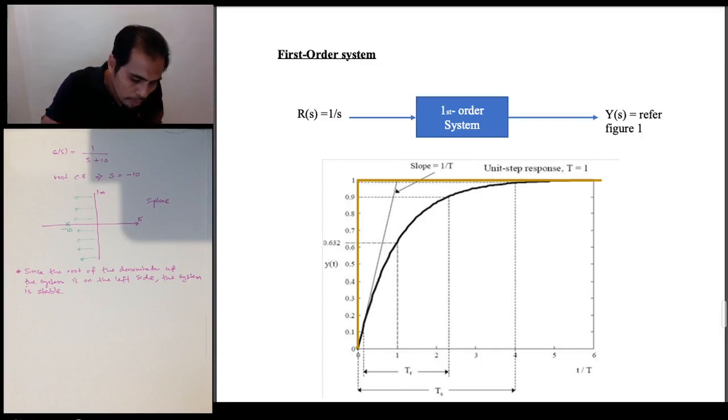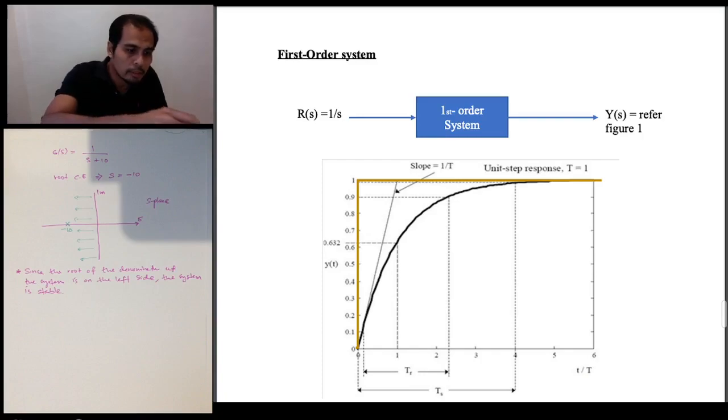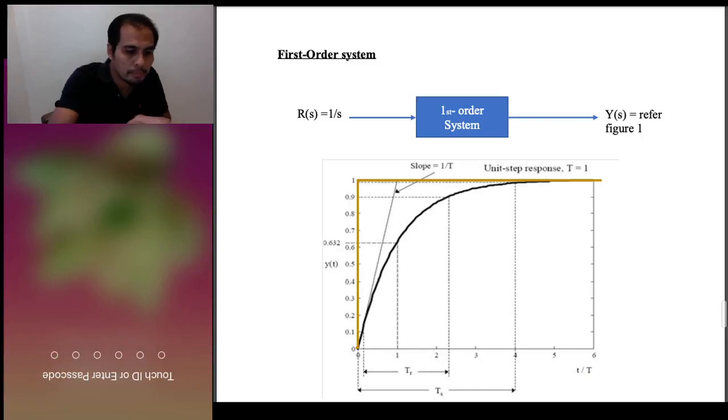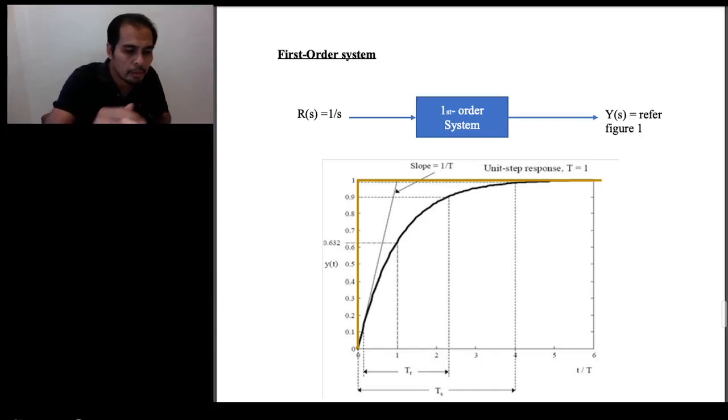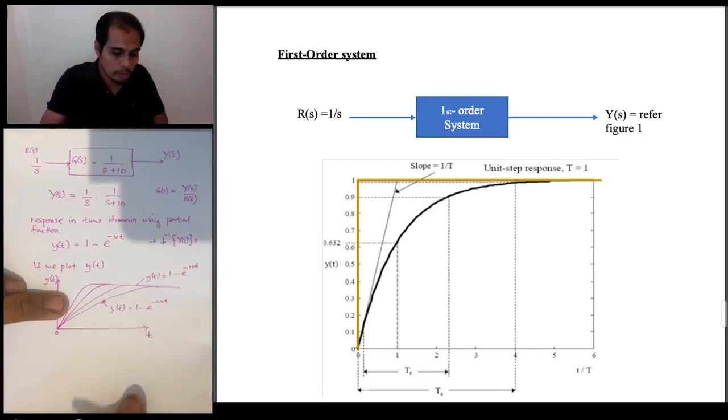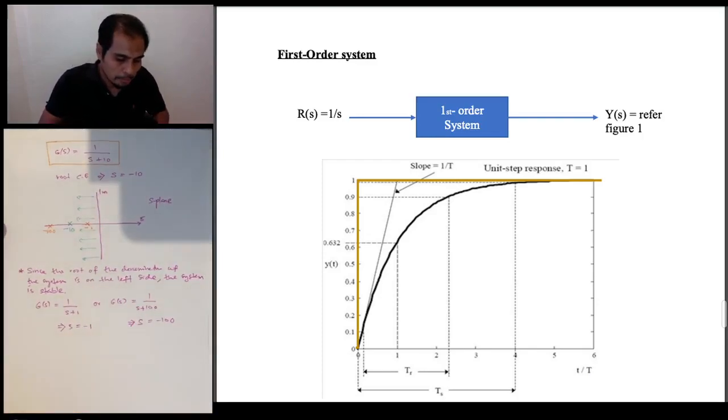So for first order systems, we only have one type of response. The response is like this. Once again, we have one response, like this.